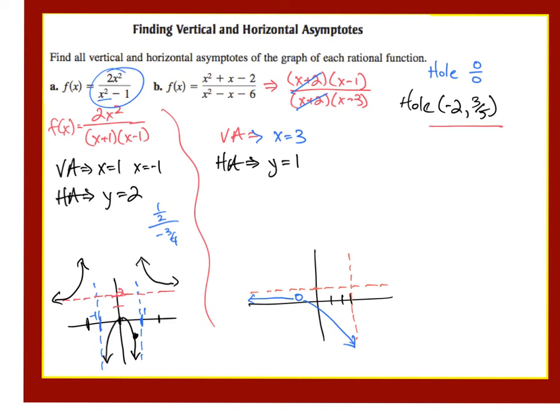Now we need to figure out what goes on the right side. So I need to figure out if it's going to do this or if it's going to do this. So what would we try to substitute in? 4. Now, you could substitute it in the original. I don't suggest it. Could you? Yes.